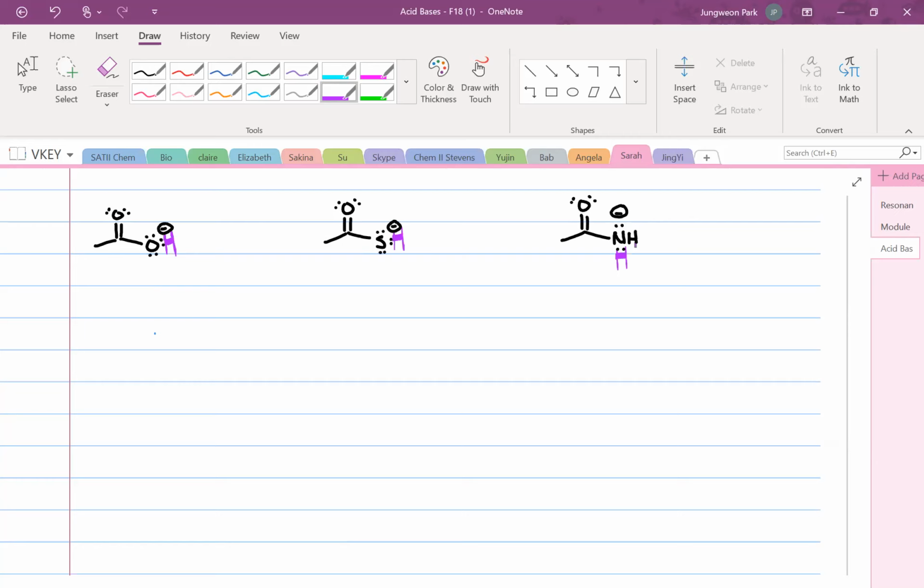The middle one is more stable for acids, so it'd be the least basic. And the first one would be more basic then, most.